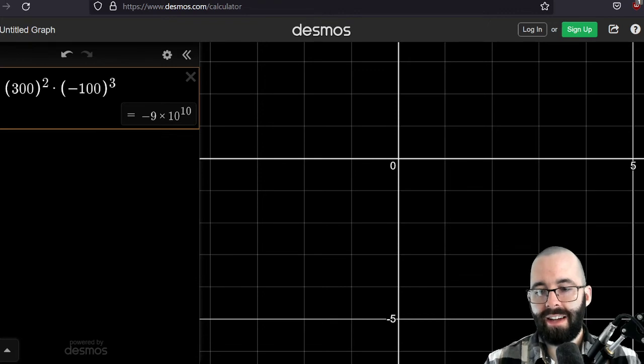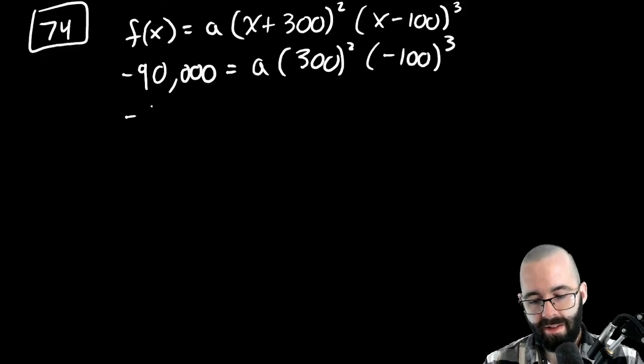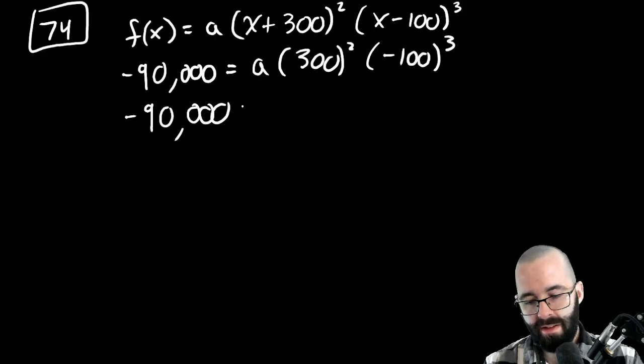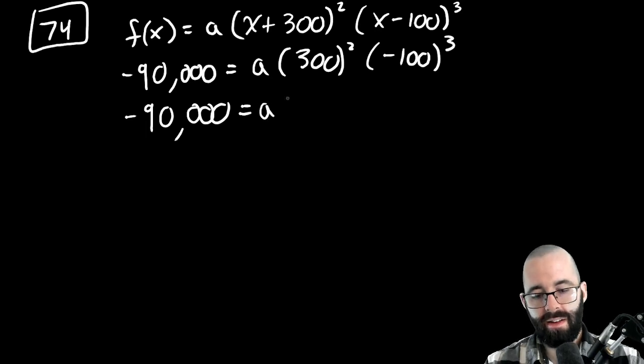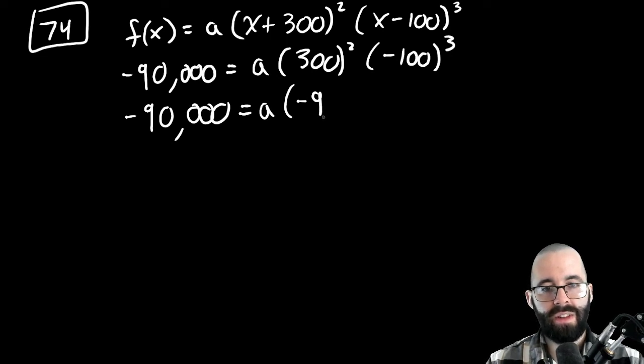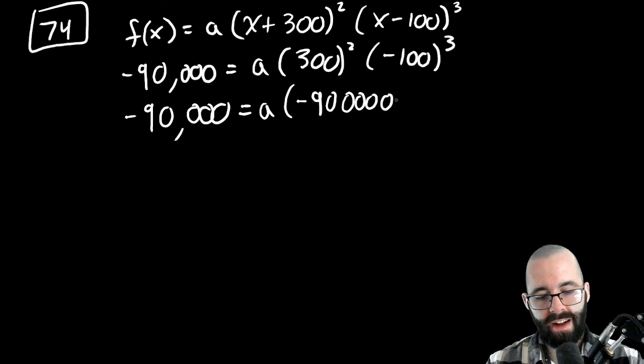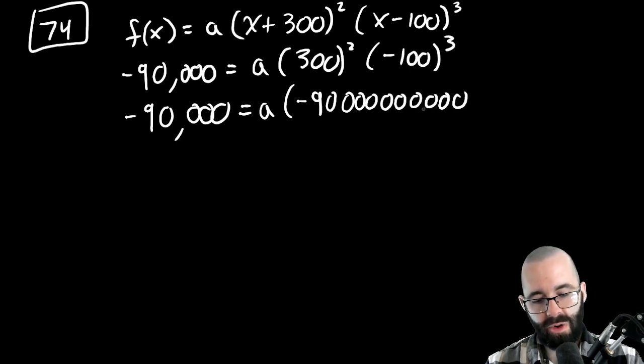That's -9 times 10 to the 10th. -9 with 10 zeros. 1, 2, 3, 4, 5, 6, 7, 8, 9, 10, or you can keep it in scientific notation.